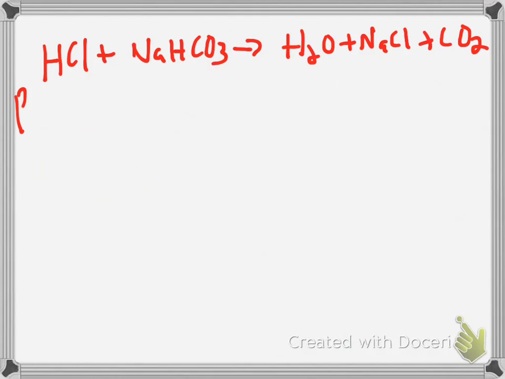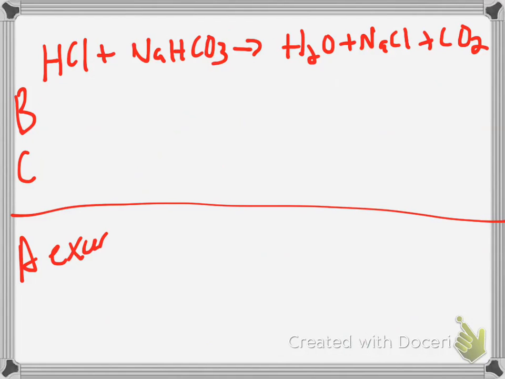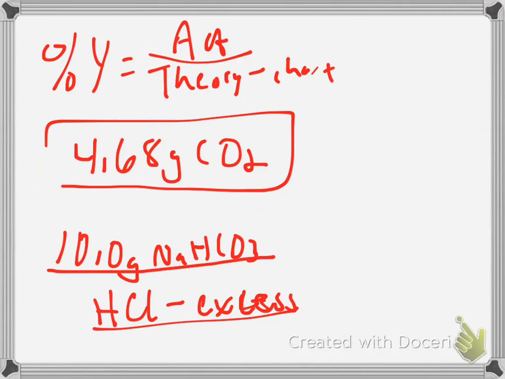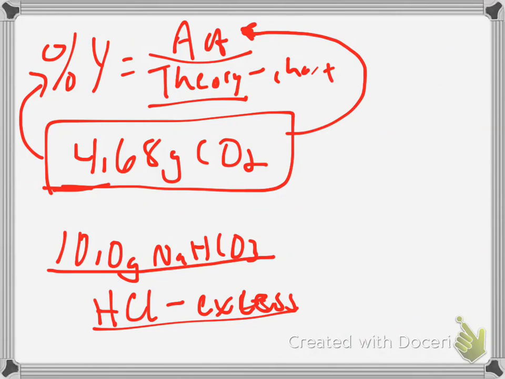So my BCA chart, what I can already mark is that this is an excess. So this one's going to be my limiting reactant. In the question it states that 10 grams of that is reacted. So this is going to be the part that goes into my percentage yield. So this is the actual value that's collected, so that will go here. Now we need to find the theoretical value from what we are given.